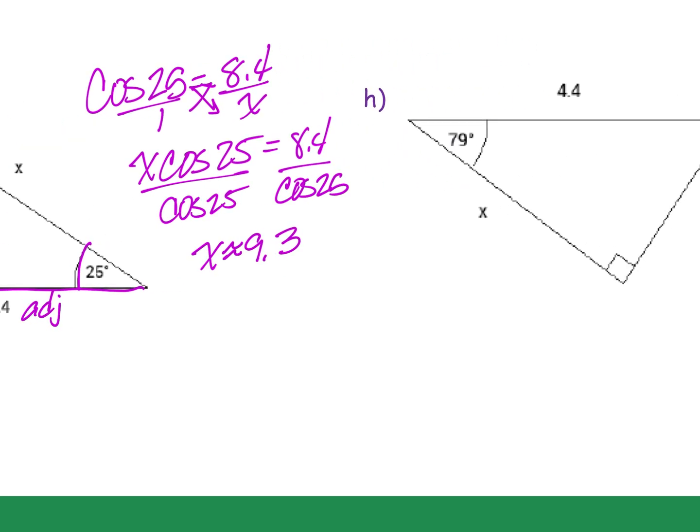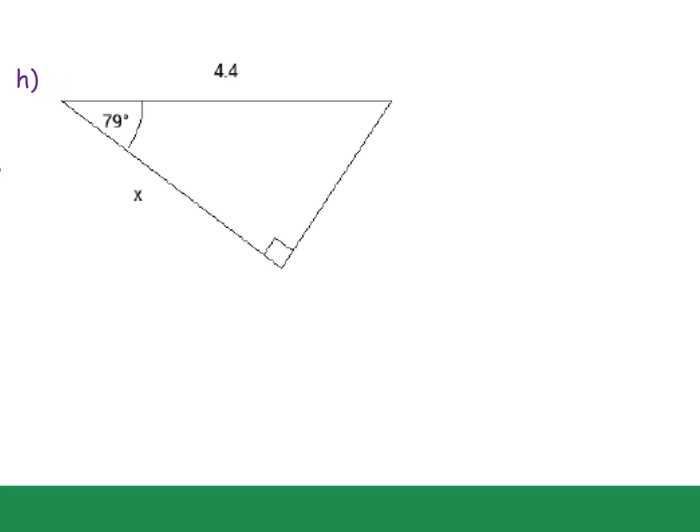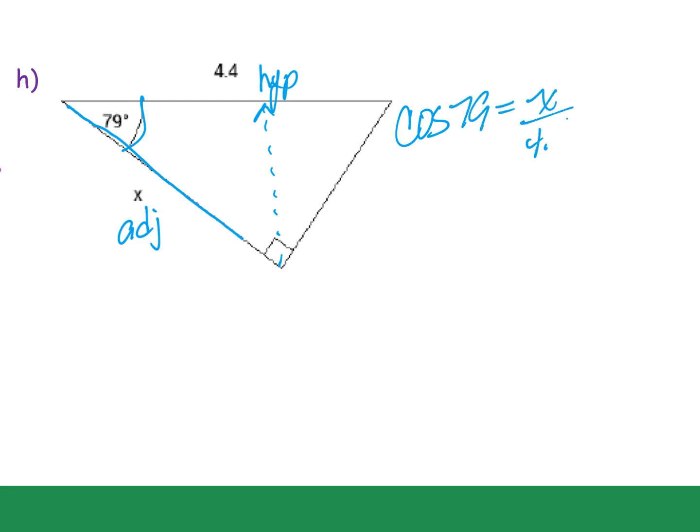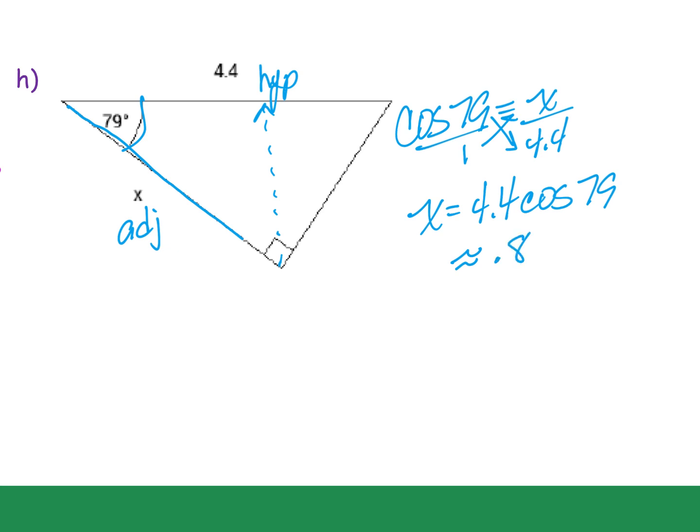And then the last one, here's my angle, pointing to the hypotenuse. And here's my side adjacent. Okay, so that gives me cosine of 79 equals x over 4.4. Cross multiply, so I get x equals 4.4 cosine 79. So that's approximately equal to 0.8.